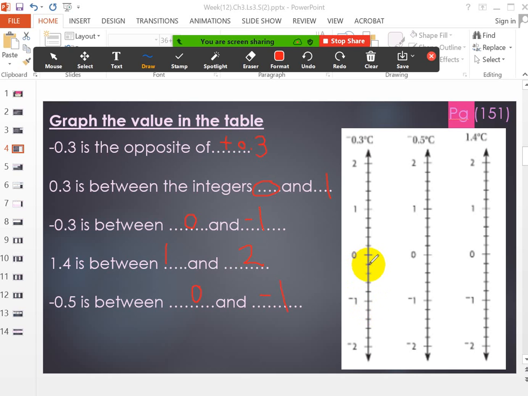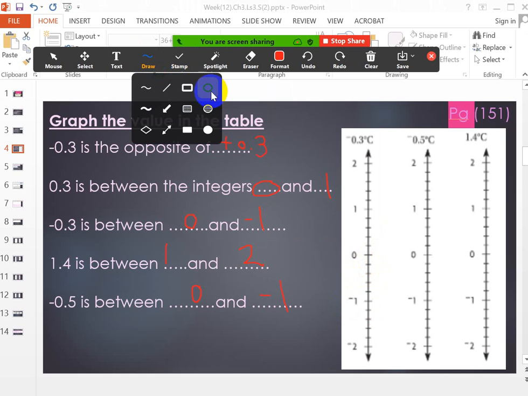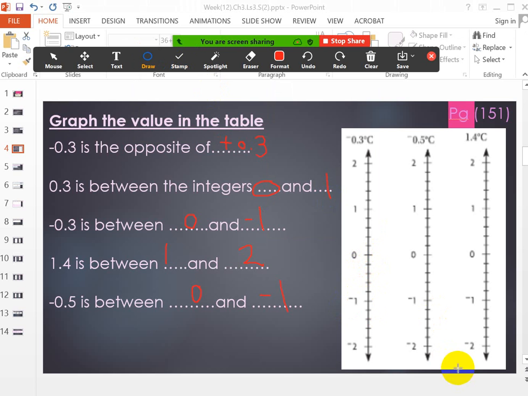The number of parts here: 1, 2, 3, 4, 5. This is 0.1, okay? So the number line here is divided into 5 parts. Where is 0.3? Girls, please focus with me now. You will understand. And I will repeat when we finish.